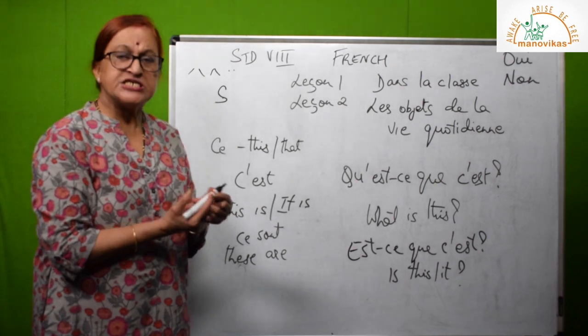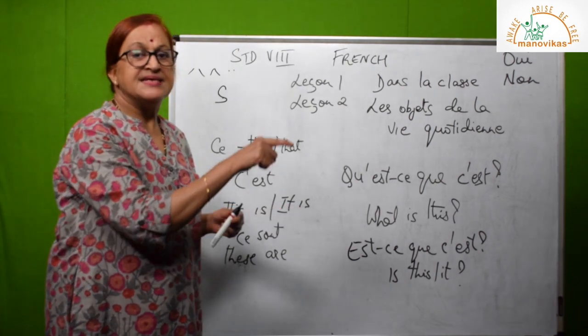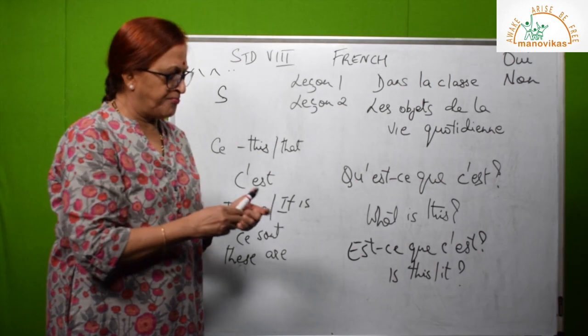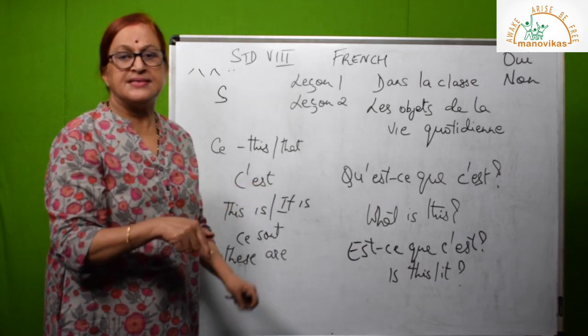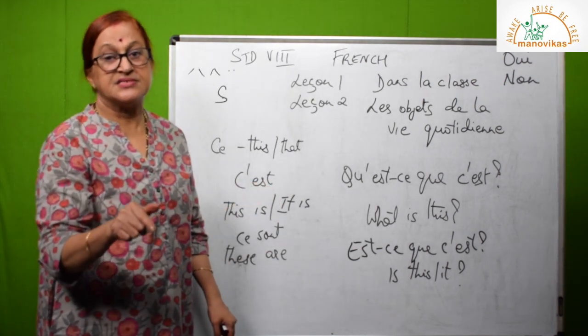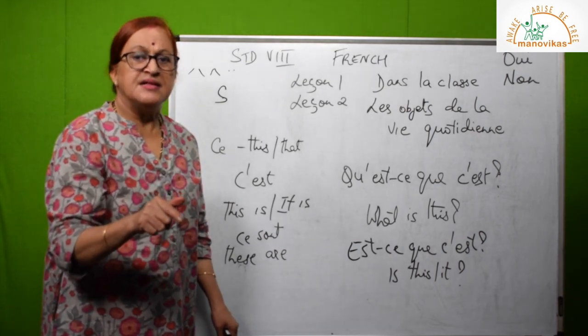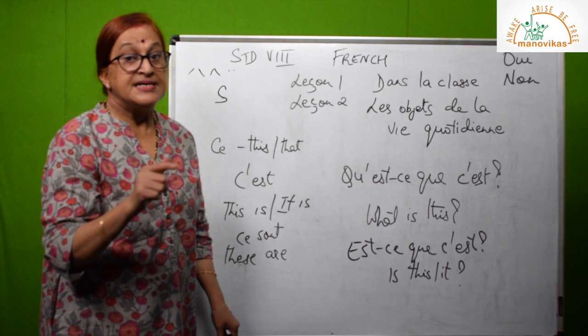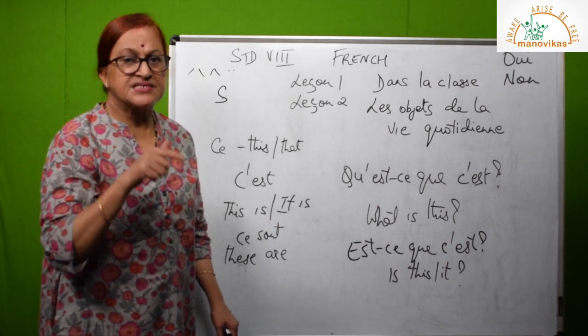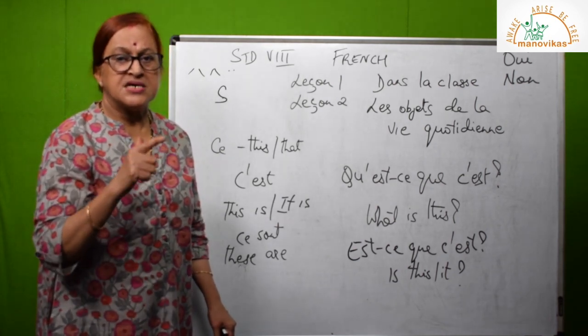Now you can point to a table and say c'est une table. Or you can point to a book and say c'est un livre. This is a book. If I say c'est un livre, this is a book. C'est le livre, this is the book. You already learnt un and the.